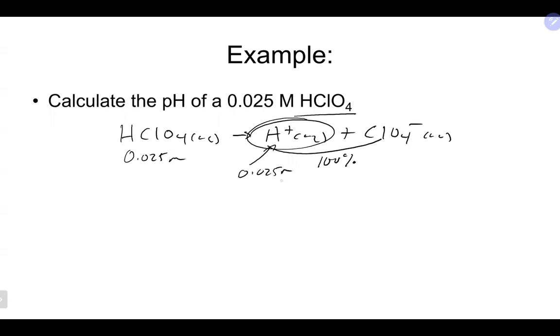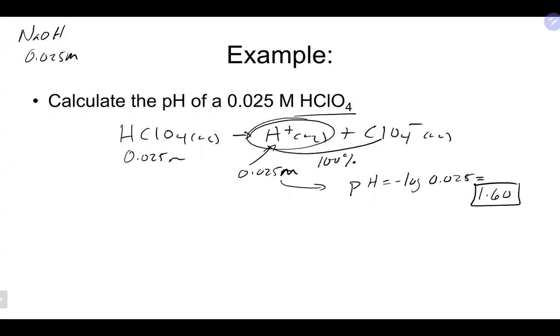And once again, that is all you need to calculate the pH, which would be minus the log of 0.025. That would get you a pH of 1.60, which again is acidic.